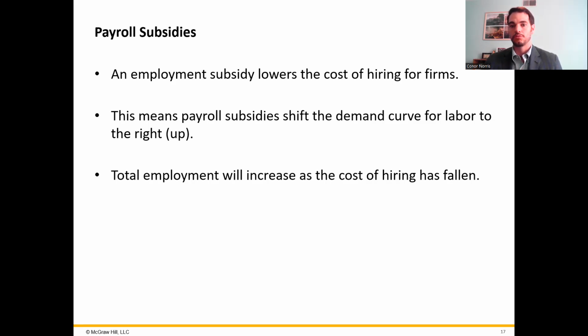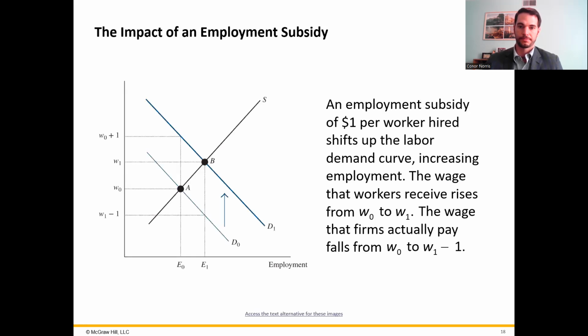Essentially, how they work is reducing the cost of labor for businesses by offsetting part of the wages they need to pay. By lowering the cost of hiring workers, because a portion of the wages is being paid by the government, they have the effect of increasing employment.